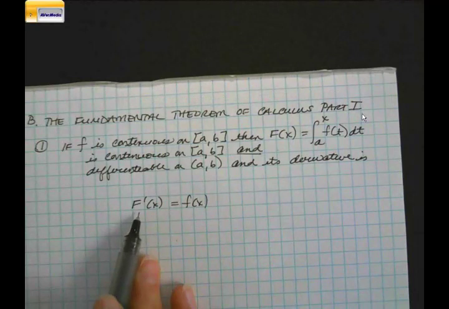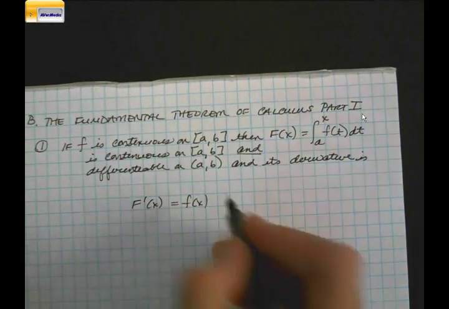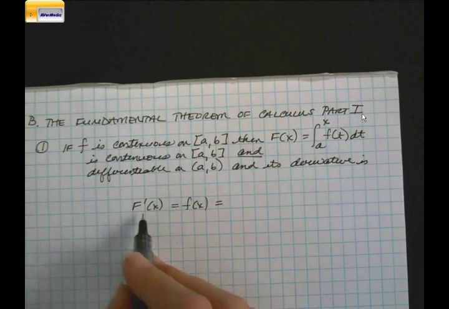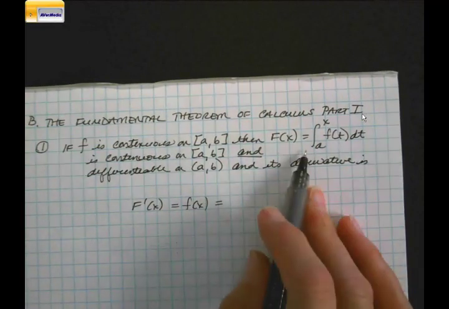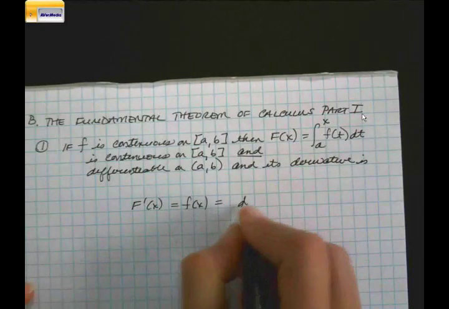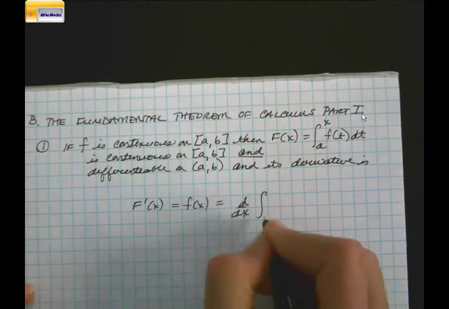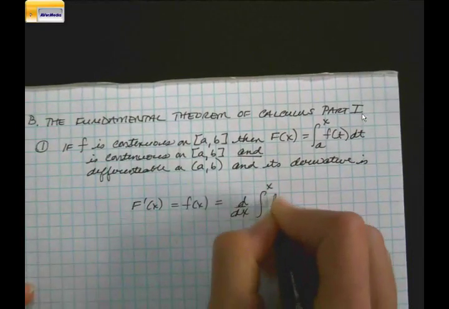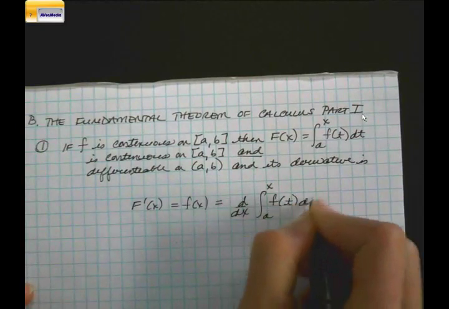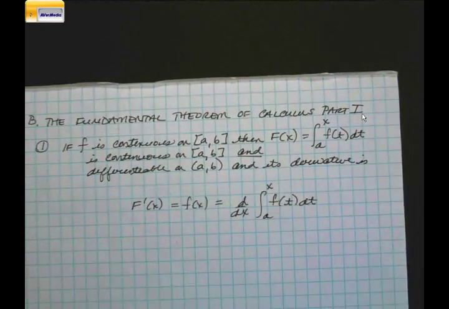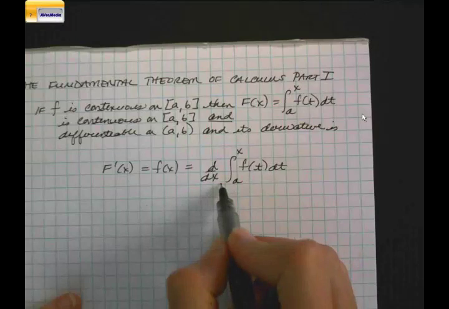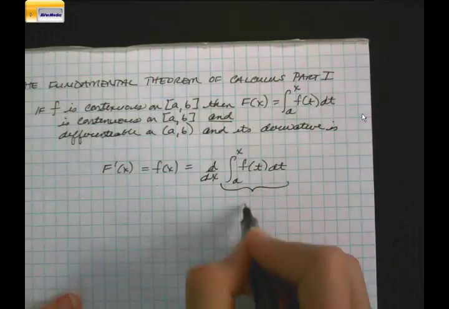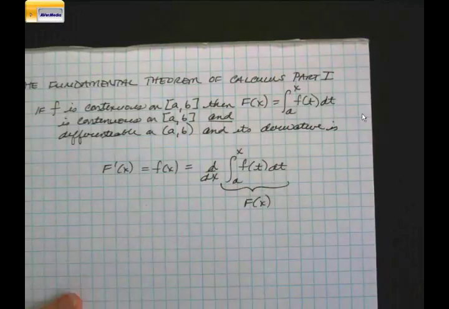The derivative of the antiderivative returns you to the original function, if the antiderivative is equal to this integration, d dx of the integration function. So this guy here, when you integrate, that gives you the antiderivative.